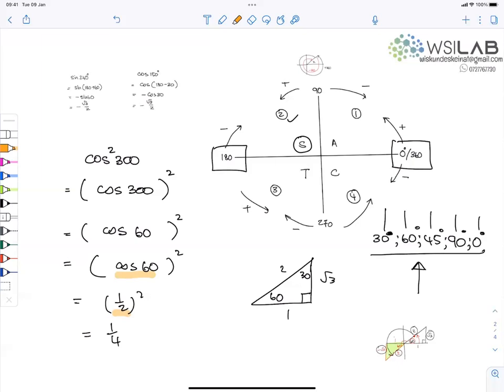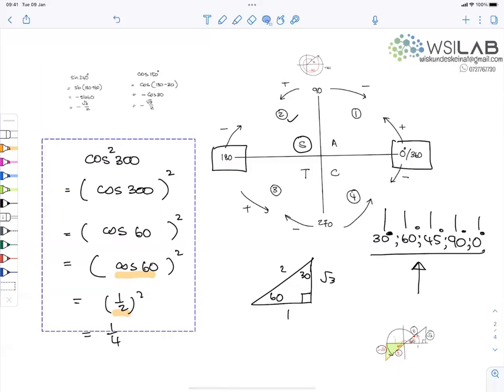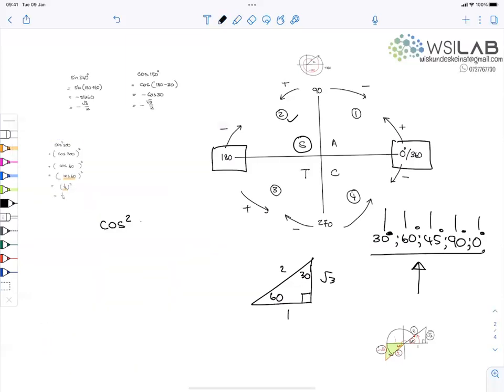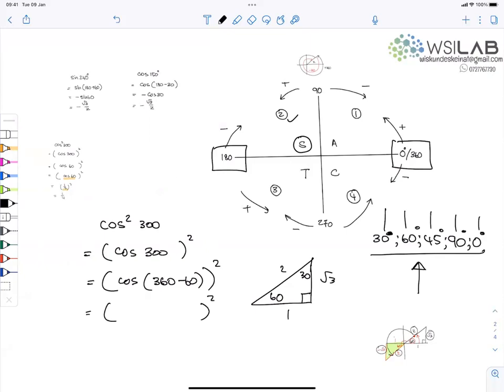We're just going to redo this, to see if you're now used to that other method. So cos squared 300 was the square of cos 300. Now, 300 degrees is the same as saying 360 minus 60, squared. That is 4th quadrant or C's quadrant, or you can just look at the 300 degrees and see it's in cos's quadrant. So cos is going to be positive 60.